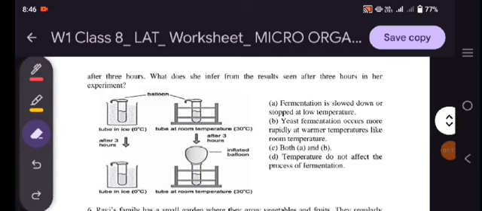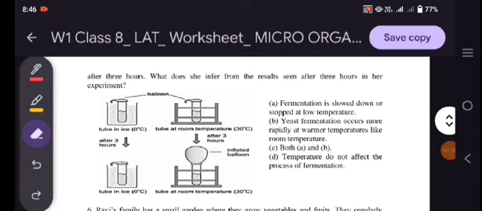After 3 hours, the 0 Celsius tube remains the same and at the other tube the balloon inflated. Inflated in the sense that it got blown up, उसमें हवा भर गई after 3 hours. So क्या हुआ ये?